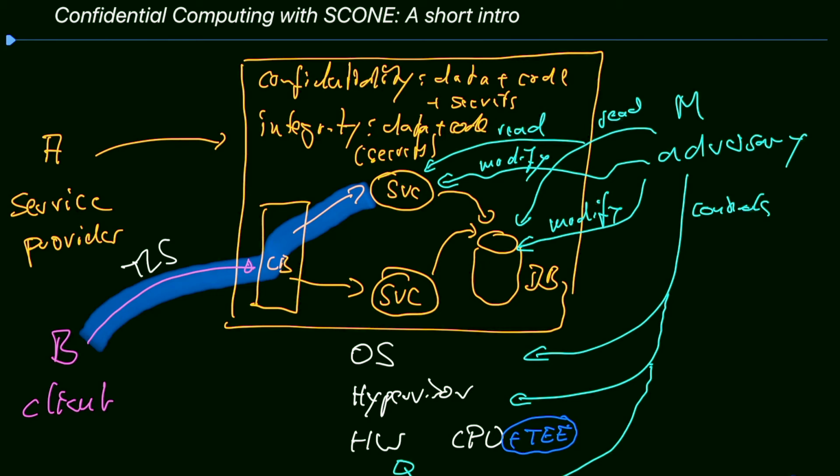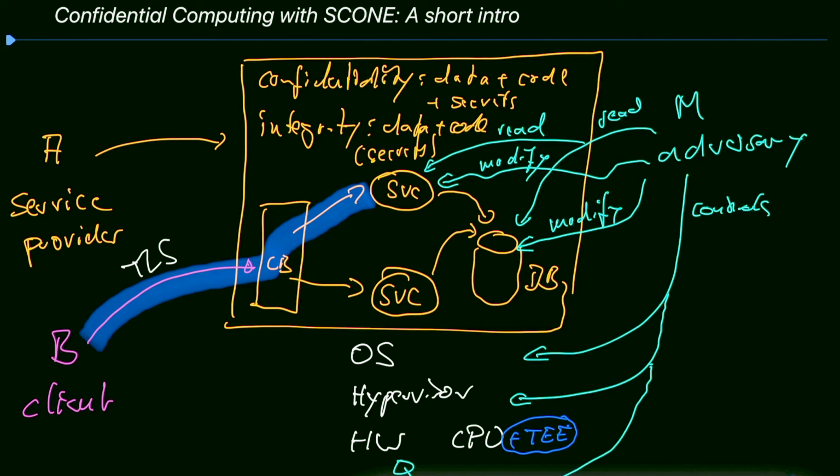And in a later screencast, we will explain how Bob can actually make sure that this service runs inside of an enclave. But in this one, we assume that we have a TLS connection, and now we have to protect the byte streams that are communicated via the TLS connection against accesses by Mallory, so that this byte stream cannot be read or modified by Mallory.